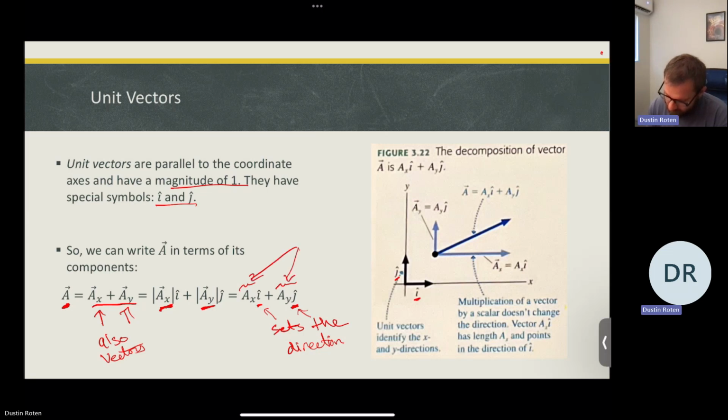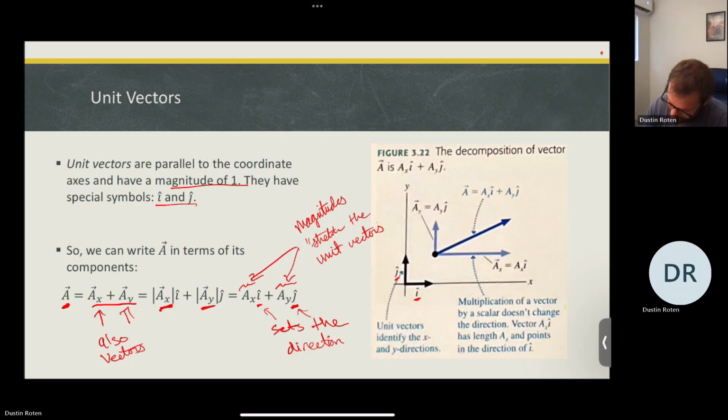Then when we take, notice these aren't vectors anymore. I removed the vector hat. These are just the length values. These are just the magnitudes. So magnitudes stretch the unit vectors.